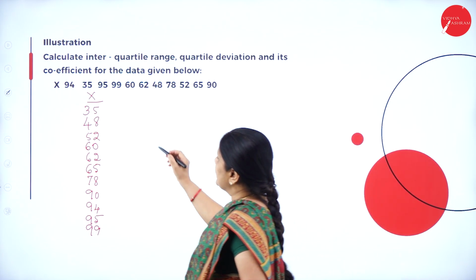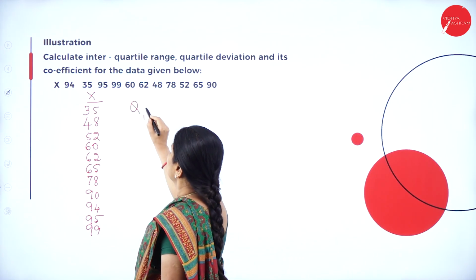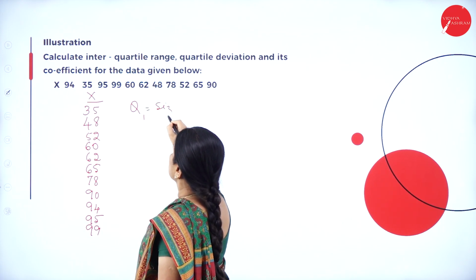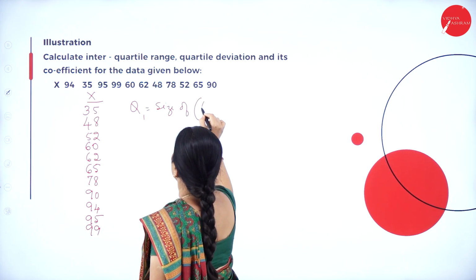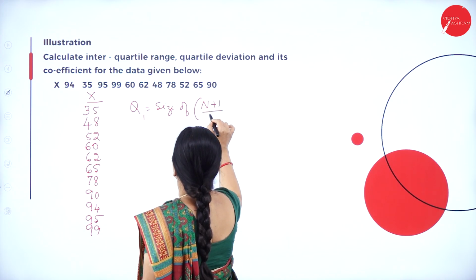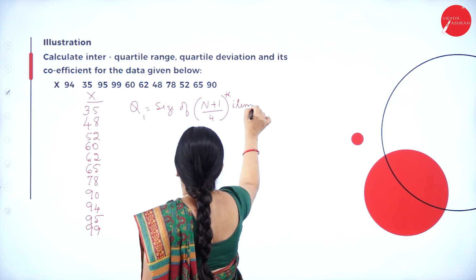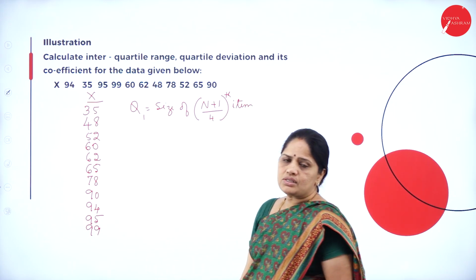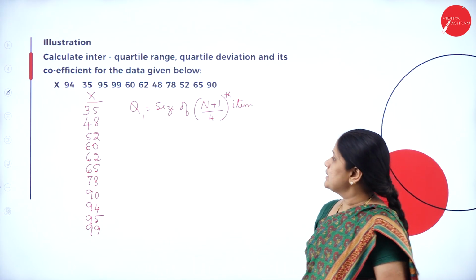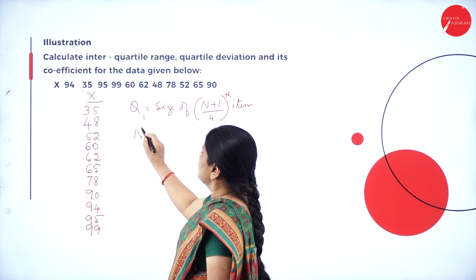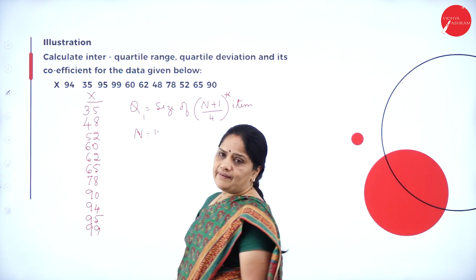Now I have to find the Q1. Q1 equals the size of n plus 1 by 4th item. Now, what is n here? N equals 11.